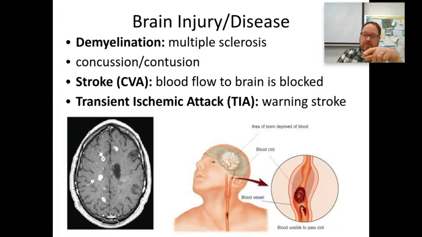They call it a warning stroke, though, because I think about 50% of people that have a TIA have a full-blown stroke within 5 years. So it's definitely a warning sign that you've got something going on. What can happen with this is if people have plaque deposits on the inside of blood vessels. So if people have high cholesterol and they develop a lot of plaques, pieces of those plaques can break loose and get caught either in their heart and cause a heart attack or in their brain and cause a stroke.